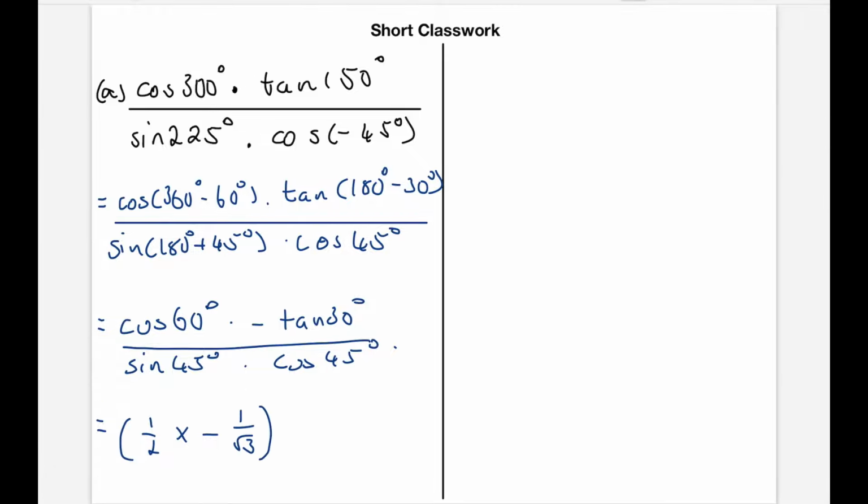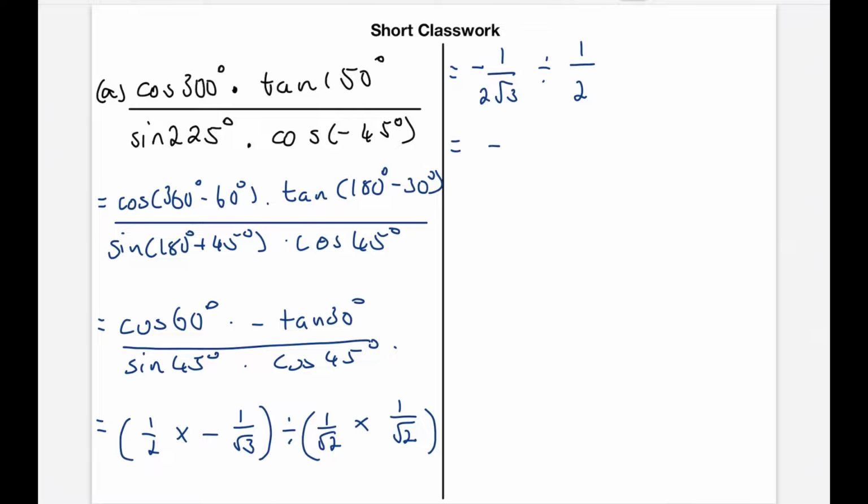This is my numerator divided by my denominator. What is sine 45? That's 1 over root 2. And what is cos 45? 1 over root 2. So what I actually have here now is negative 1 over 2 root 3 divided by 1 over 2.